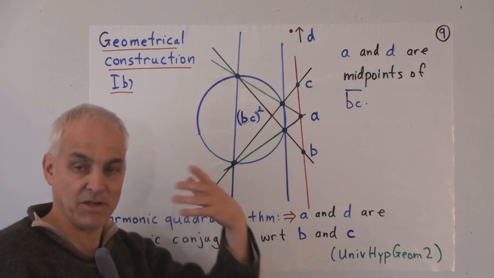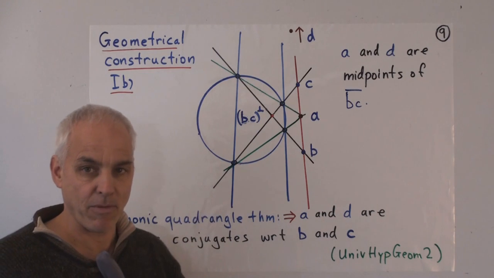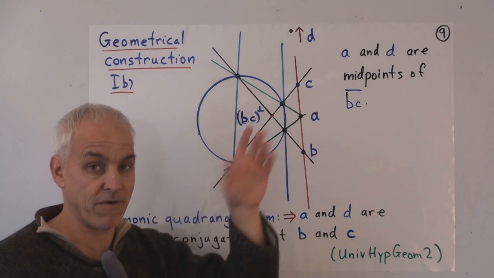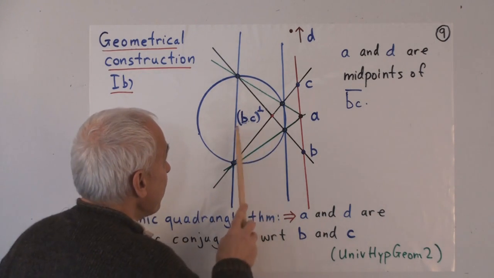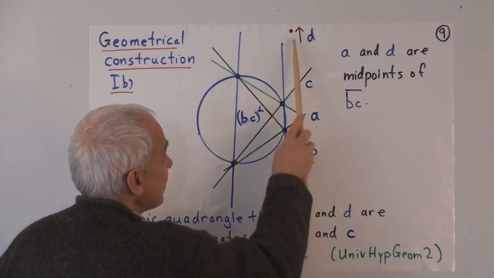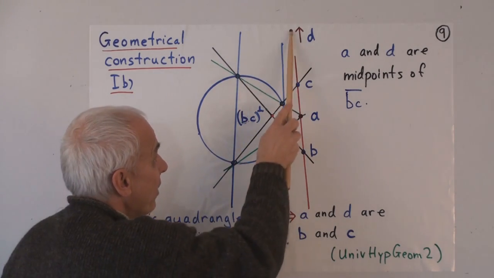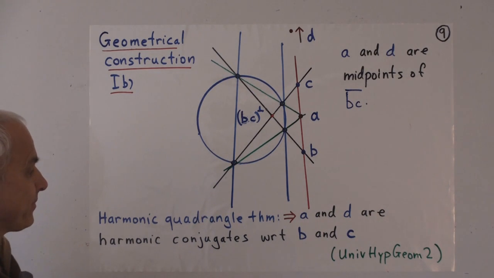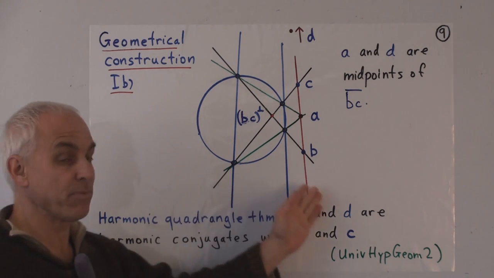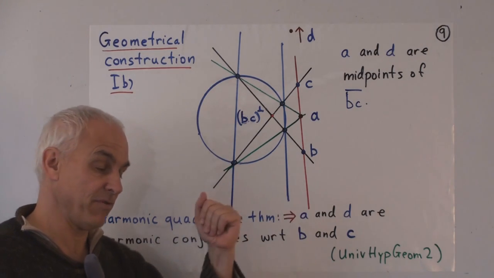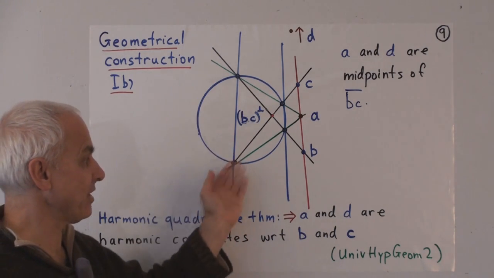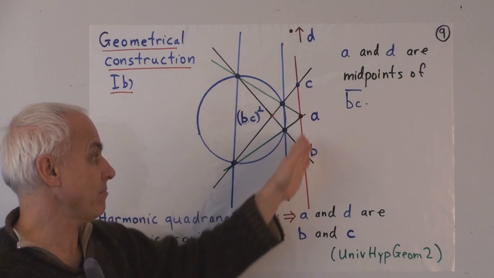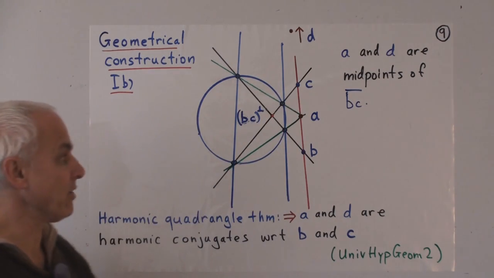We can't expect everything to always be in the diagram that we're making. Sometimes points are off our diagram. But this line and this line are all going to meet, and where they do meet, that's going to be the second midpoint D. So it's really exactly the same prescription as in the previous case, but the picture's a little bit different because B and C are outside.